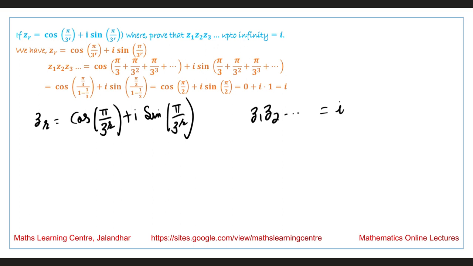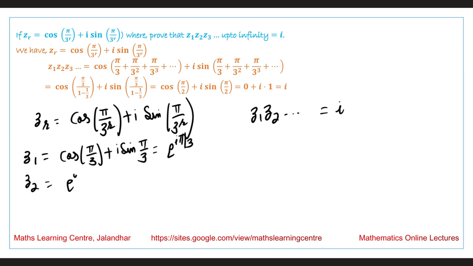If we multiply these terms, we write Z1, that is cos π/3 plus iota sin π/3, which is equal to e raised to the power iota π/3. Z2 will be e raised to the power iota (π/3)^2, and so on. If we multiply these terms, we get Z1 into Z2 and so on.